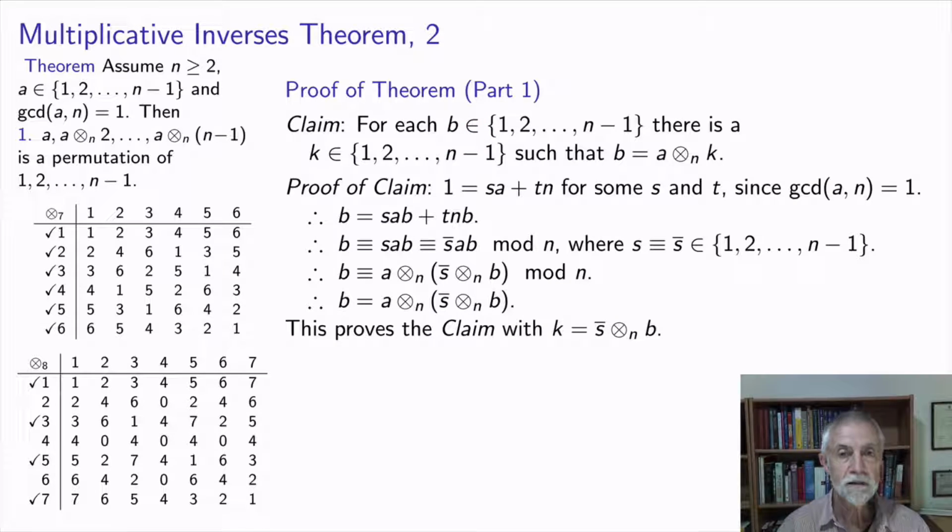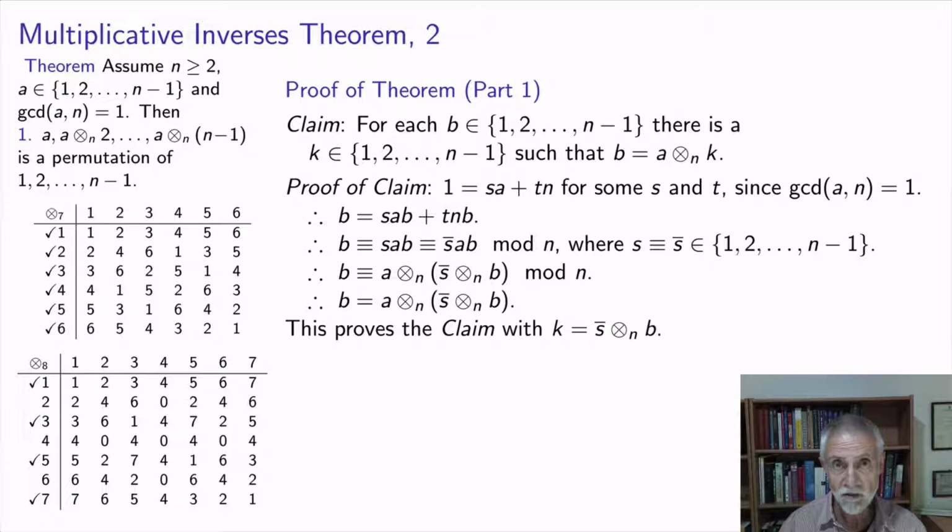So here's the proof. The main point in the proof is to use the Euclidean algorithm, which says that if the greatest common divisor of a and n is equal to 1, then we can write 1 in the form sa plus tn. Next, we multiply through by b, and we get that b is equal to sab plus t times nb.